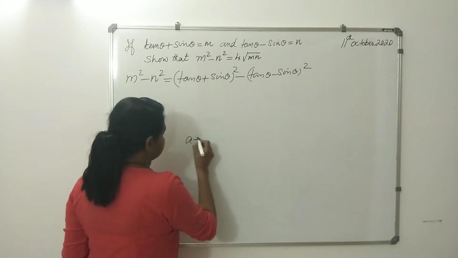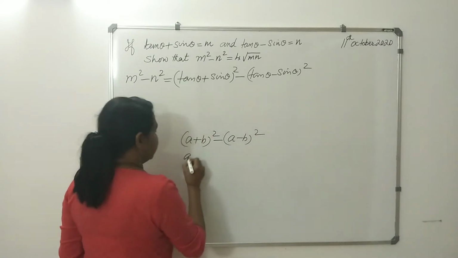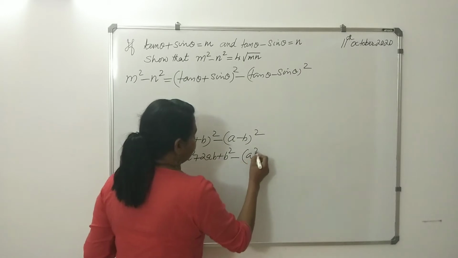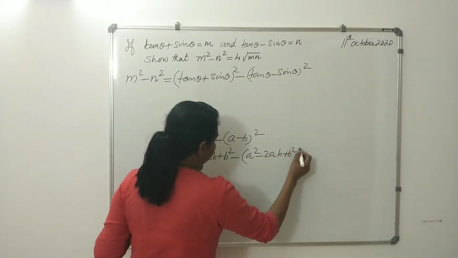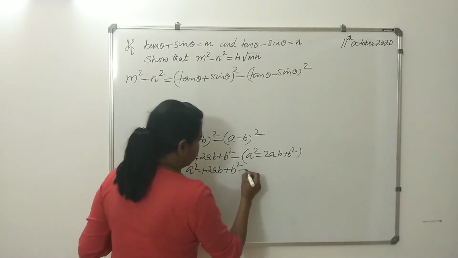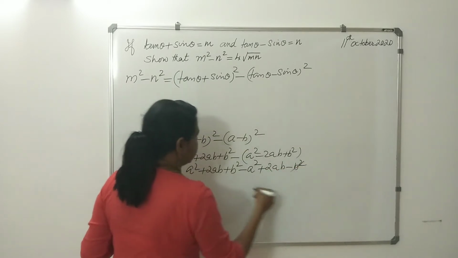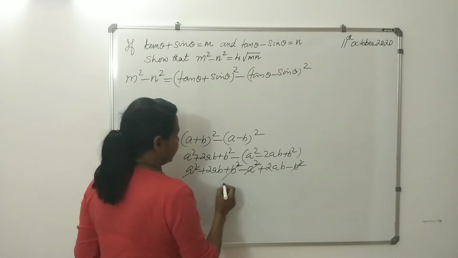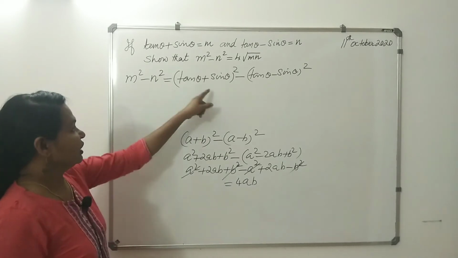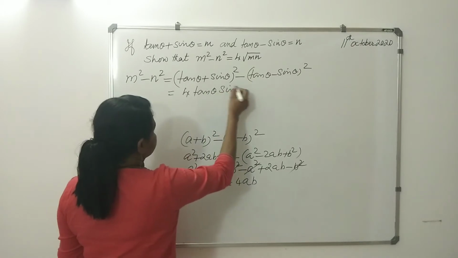See, a plus b the whole square minus a minus b the whole square: a square plus 2ab plus b square minus a square minus 2ab plus b square, right? Opening the bracket, minus this one becomes plus and this is minus. Minus b square cancelled, a square cancelled, you get 4ab, right? So we can write 4 tan theta sin theta. Equation number 1.